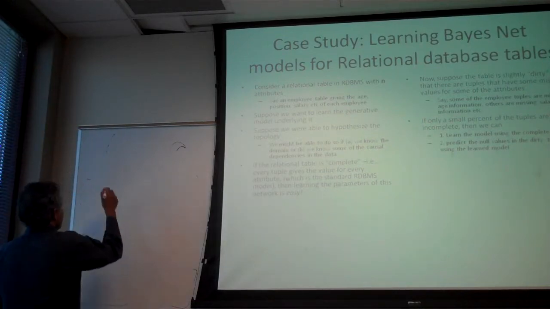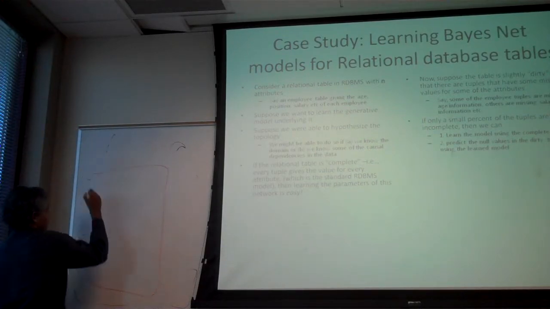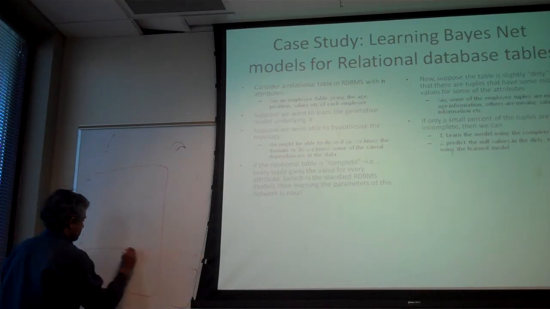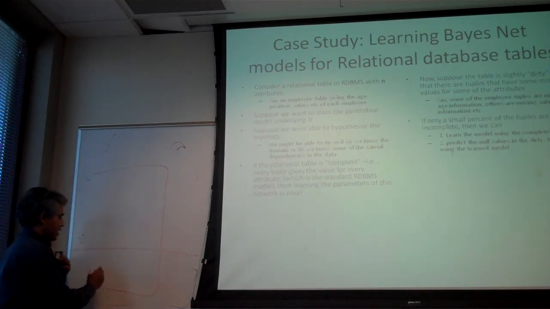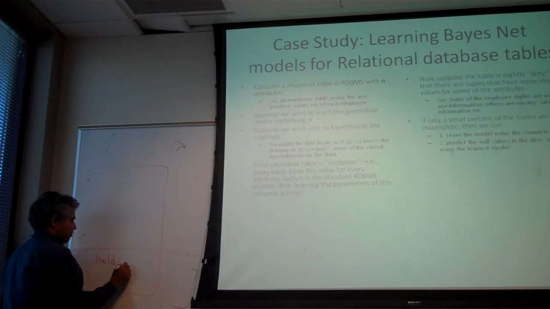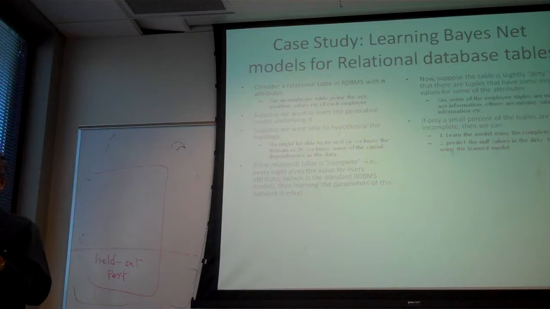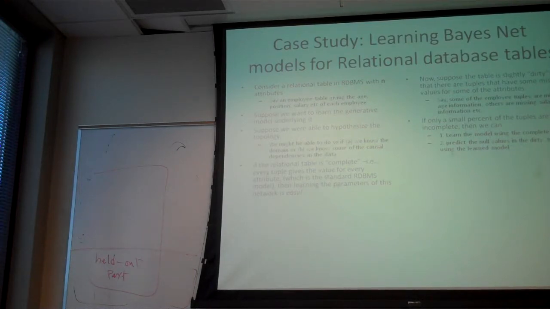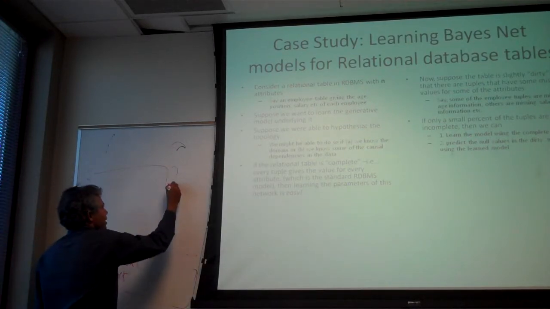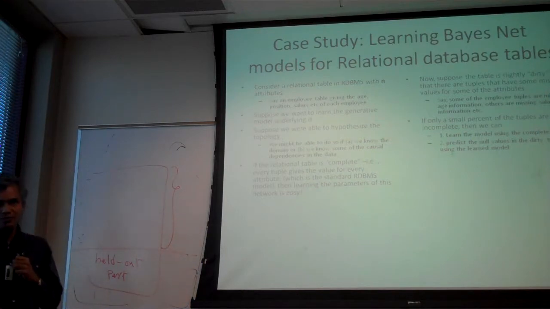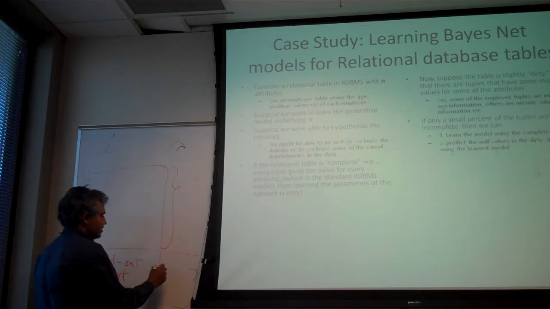One thing you could have done is, if you have a table of this size, you could have held off this part. This data is kept separate, and then you only learn the Bayes network using this part.